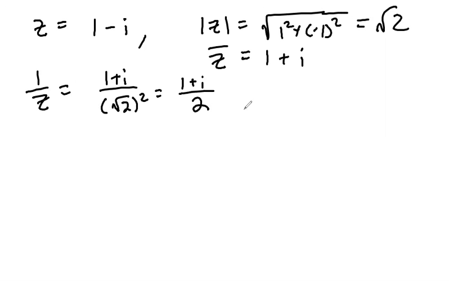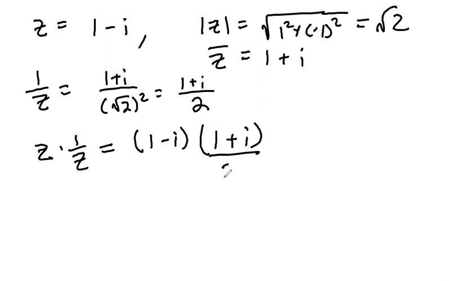Let's check that. I think it's good for us to check it, that z times 1 over z here. We know we need to get 1. So it's going to be 1 minus i times 1 plus i divided by 2. So multiplying together, I'm just going to move the 1/2 out in front.